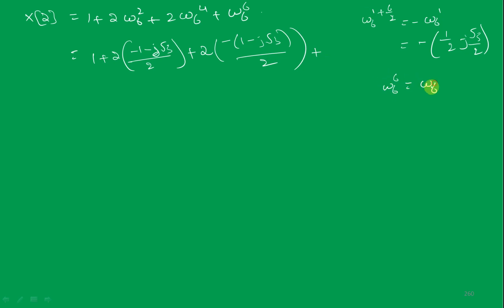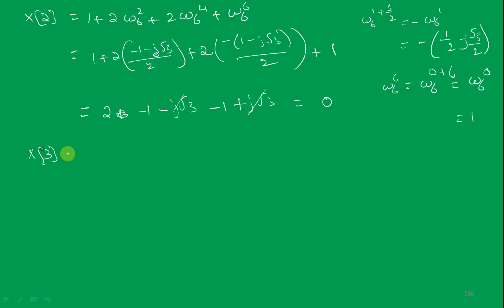W6 power 6 means W6 power 0 plus 6, from this linearity property, W6 power 0, what is that? 1 value. Now 1 plus 1 is 2, the 2s cancel. Now here is minus 1 minus j root 3, here minus 1 plus j root 3. Now the answer here is 0. Minus 2 plus 2 is 0. Then X of 2 is 0.